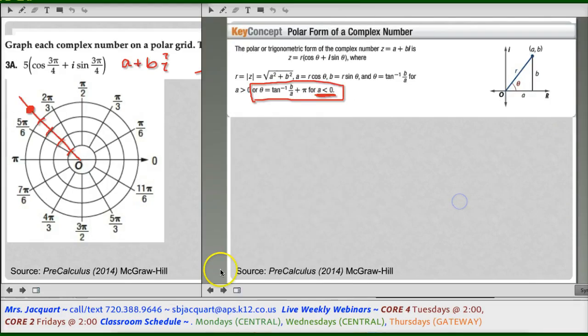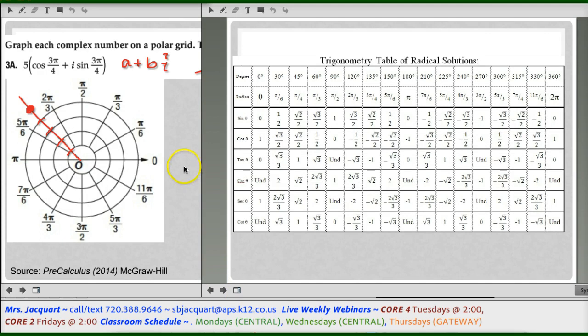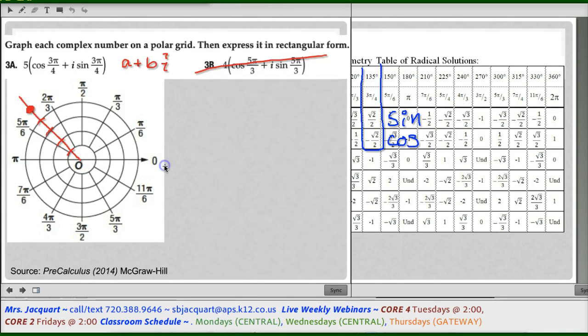So let's go find our table. And then on our table, we're going to look at 3 pi fourths. Okay, so this is the sine, this is the cosine. So let's come back over to the board. We can remember that.